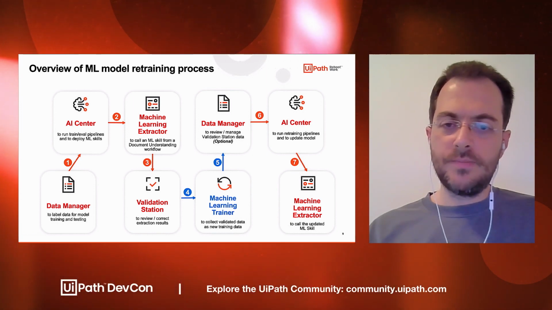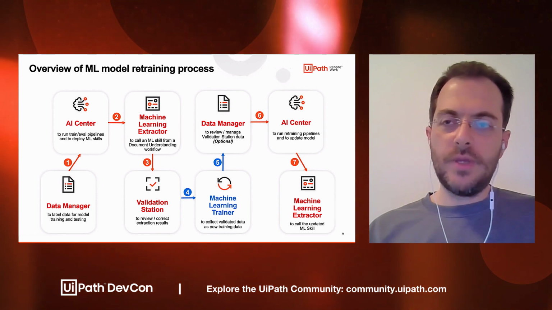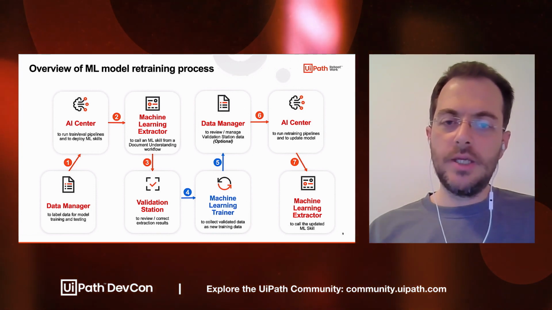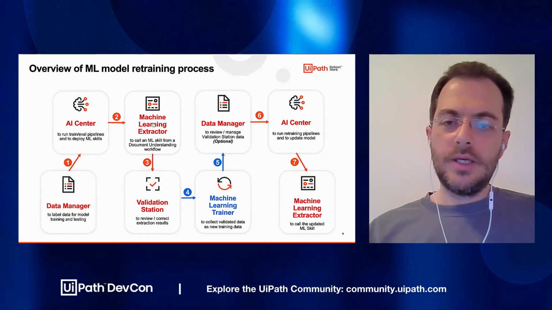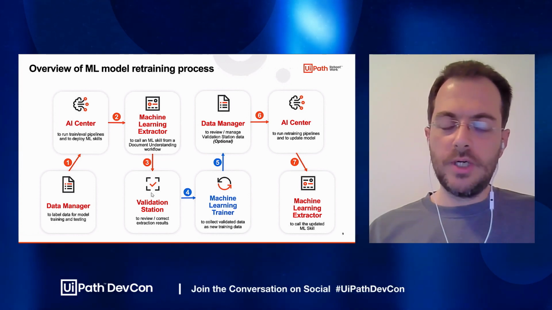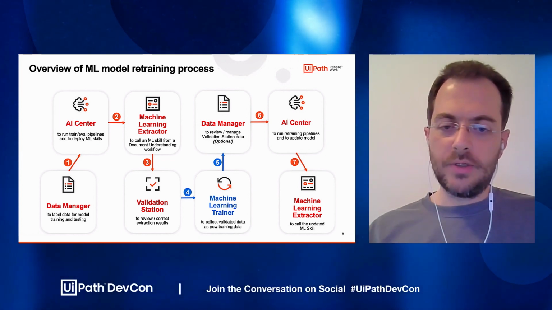That is then invoked as part of an RPA workflow using the machine learning extractor activity to integrate into a business process. Now, machine learning models are never 100% accurate. And in those rare cases where there may be pieces of information that it does not extract correctly, or it has a low confidence level, that piece of information is directed to a validation station for manual validation.